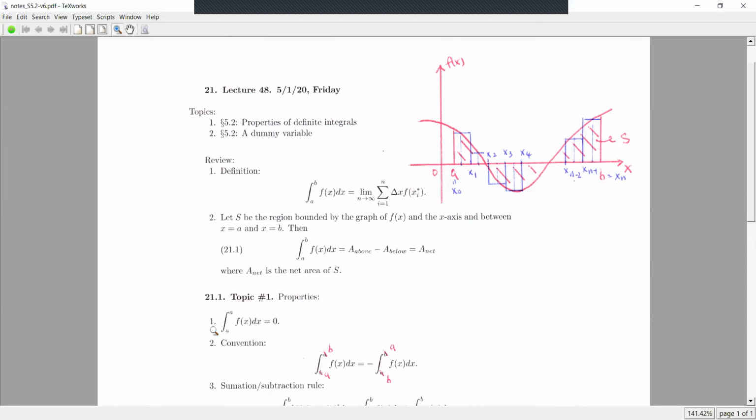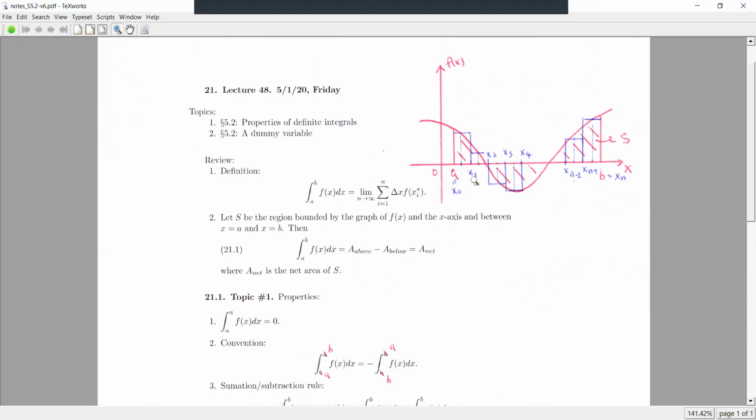Property number one, take the integral from A to A of the function f. The integral is 0. This property is quite obvious when the lower limit and upper limit are the same point.